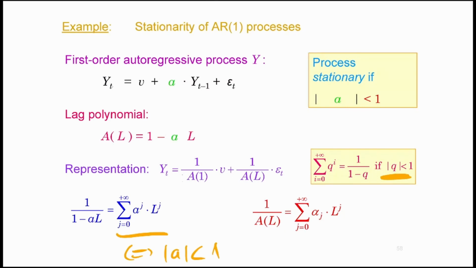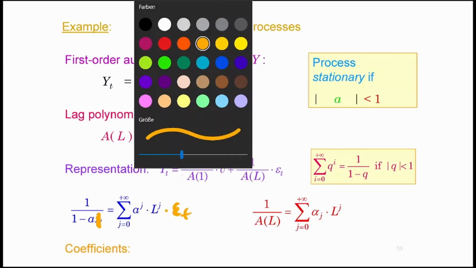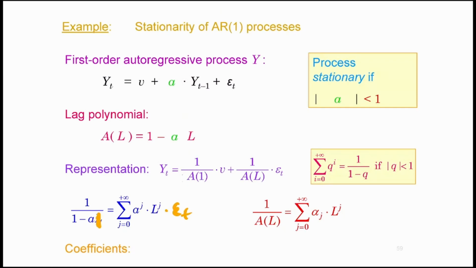That's it. And if that is going to be the case, then you find the coefficients as follows. You look at this structure, you can simply ignore the lag operator if you like, because this is going to be applied on the noise. So wherever you have the noise involved, the lag operator times the noise, although it's just a pseudo multiplication, becomes the noise at time point t minus j if you have j as an exponent.